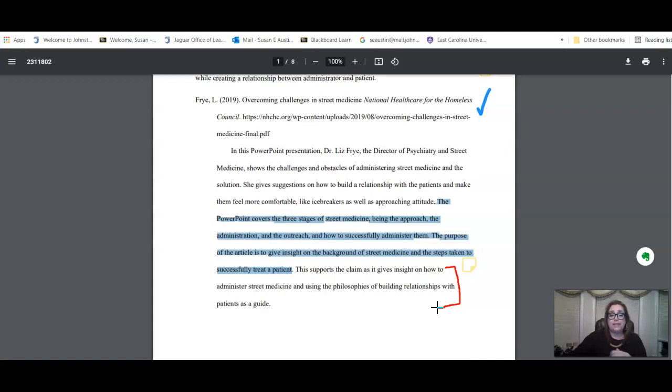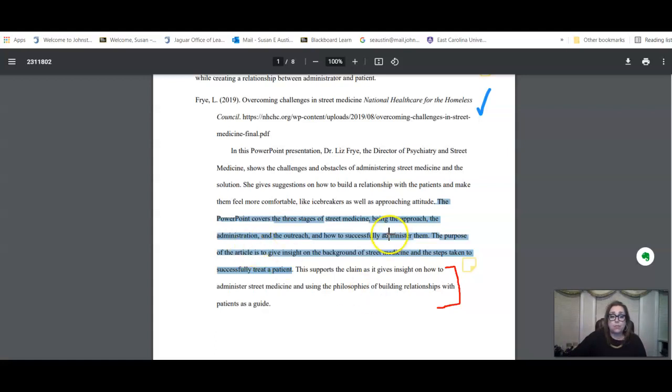And then at the end, we have the synthesis statement. You need to mention the claim and tie the source to the claim. Whether you're saying this would be used to prove the claim or not, you have to incorporate information about the claim to show its worth in relation to the claim.